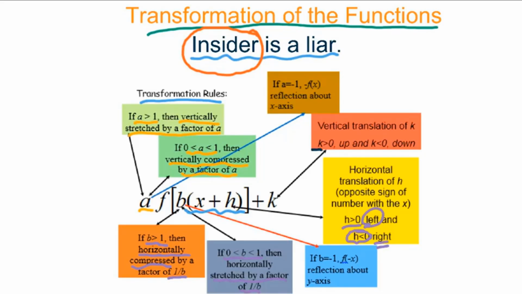For k positive, going up; k negative, going down. For a equal to negative 1, we reflect across the x-axis. For b equal to negative 1, we reflect across the y-axis.